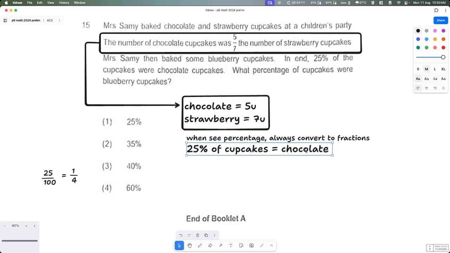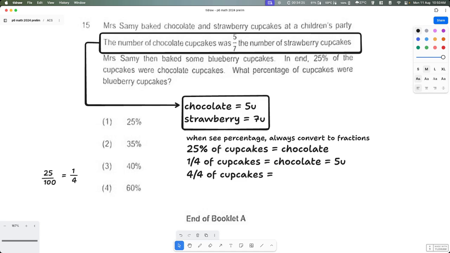Okay, so that means 1 out of 4 of cupcakes is equal to chocolate, which is also 5 units. So 4 out of 4 of cupcakes is equal to 4 times 5 units, which is equal to 20 units. So this is the total. I'm going to put here total. So we know the total is 20 units.